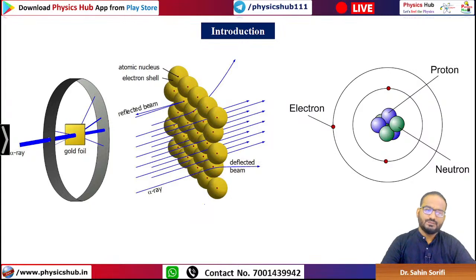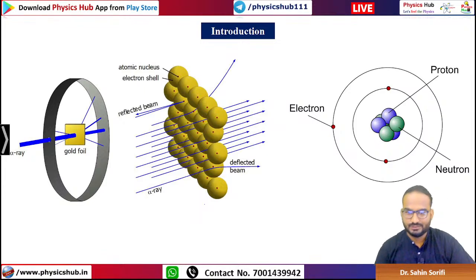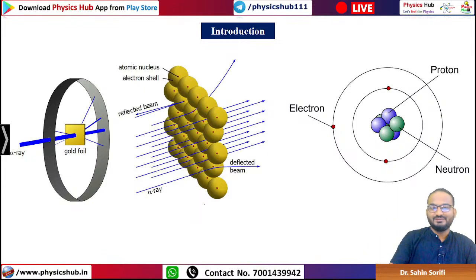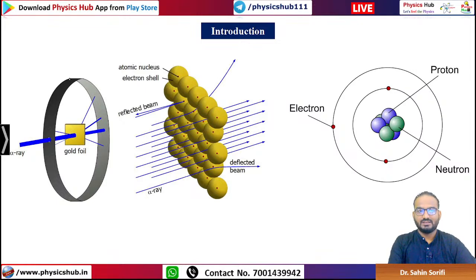If you want to know about the nucleus, the basic model we need to know is Rutherford's model. You must have read about this in maybe class 6 or 7. He sent alpha rays to a very thin gold foil, and this is the detector placed around it.